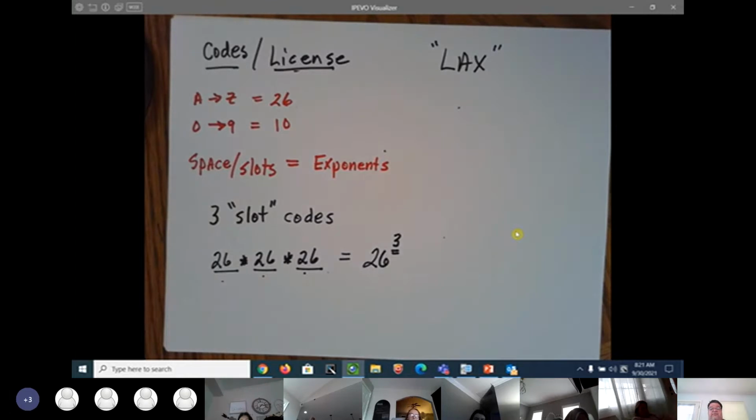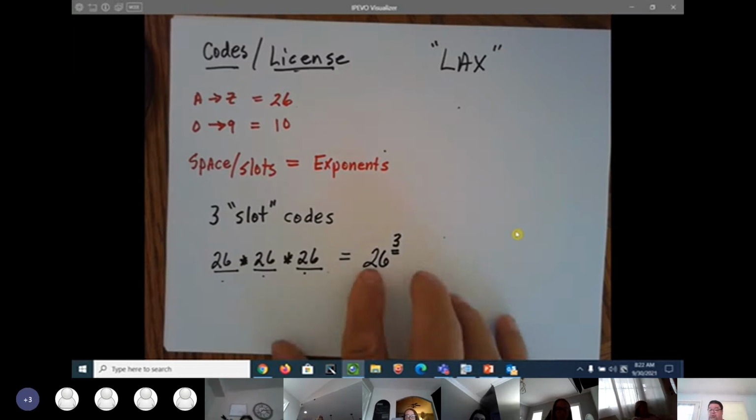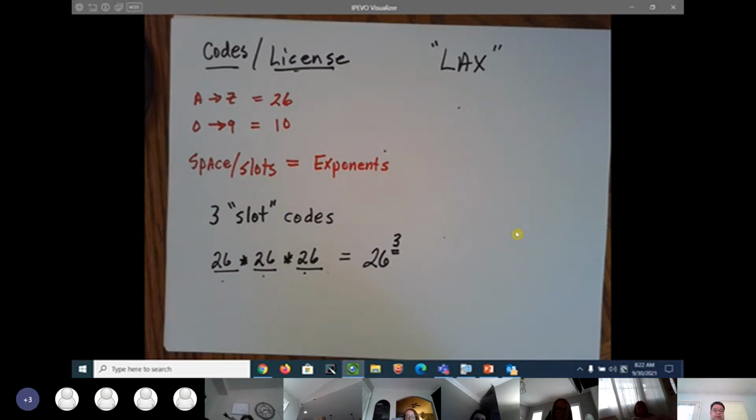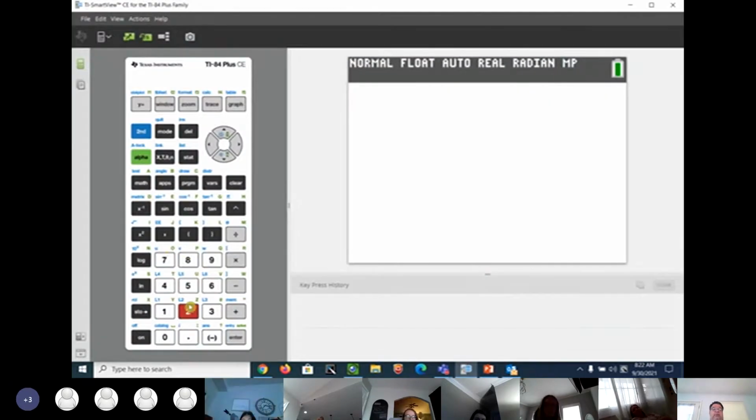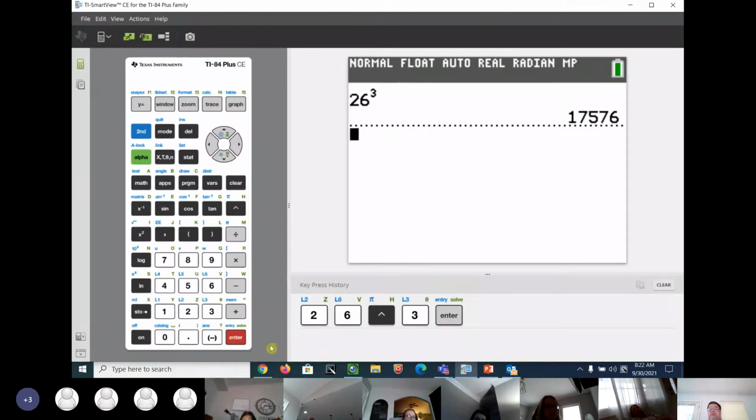If there was 5 letters, or five slot code, it would be 26 to the 5th. And I don't know what 26 to the 3rd is, so I'm going to pull up my handy dandy calculator. 26 raised to the 3rd power. And that's 17,576 codes.